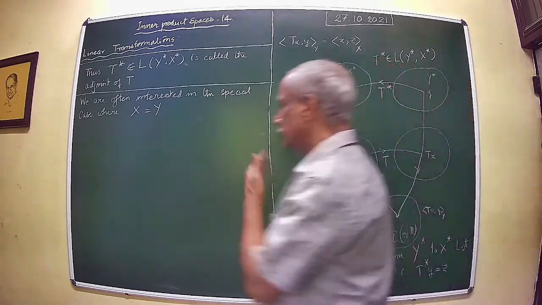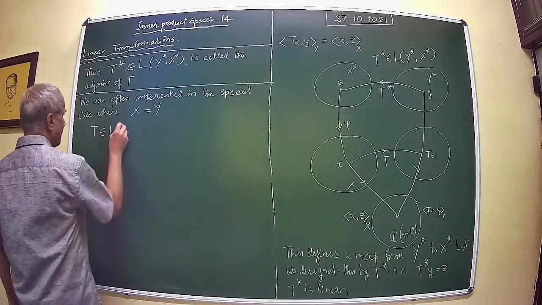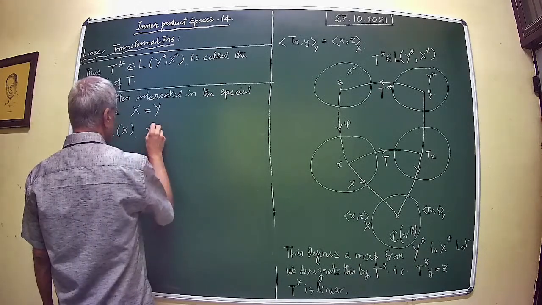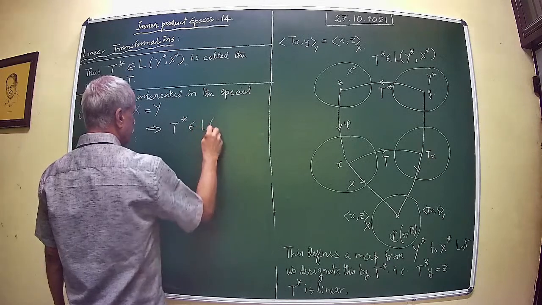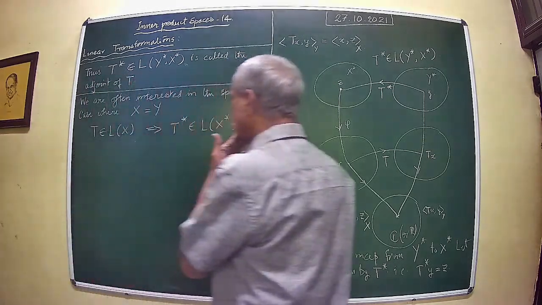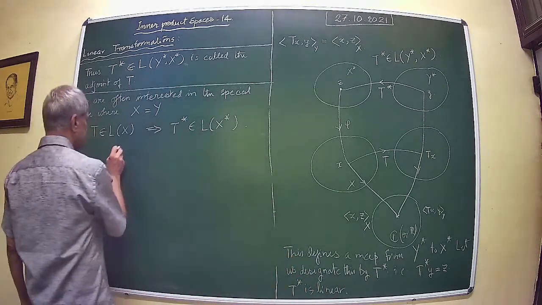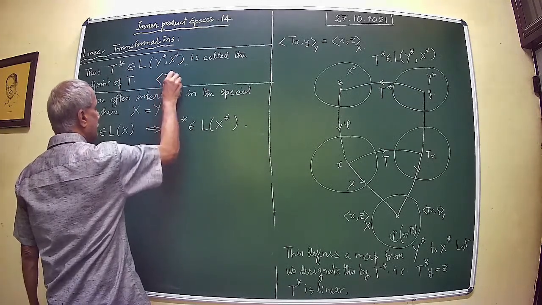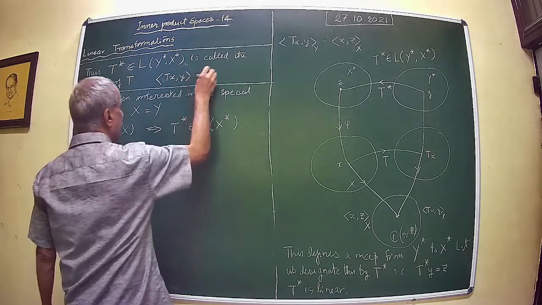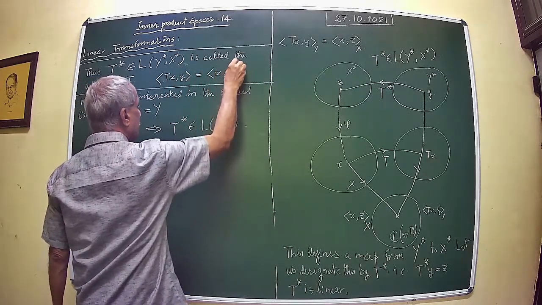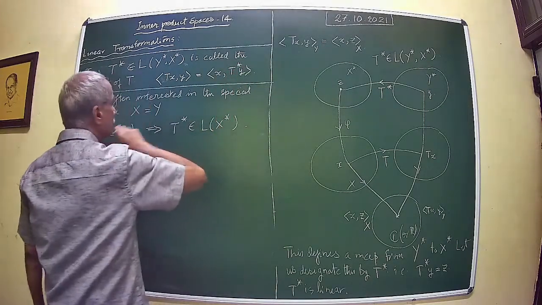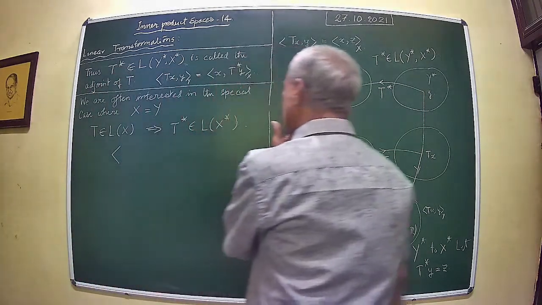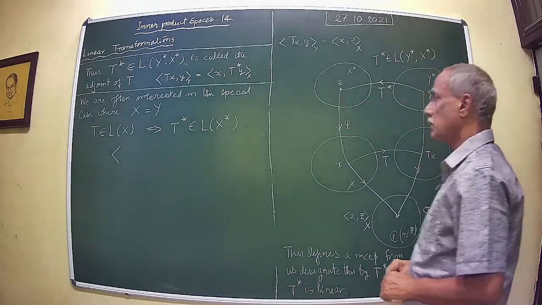So you have got then T belonging to, and of course it is defined by, it is connected by this here, on the inner product of X. Okay, this is true for every x and y.